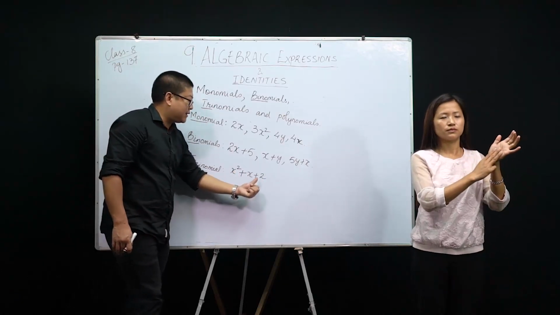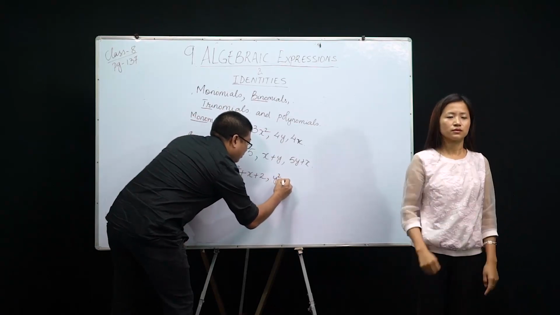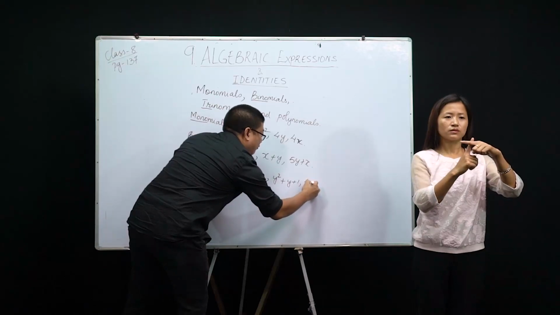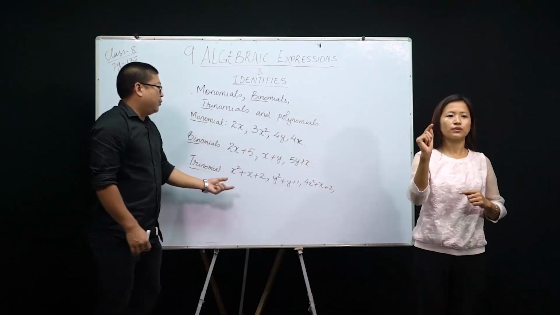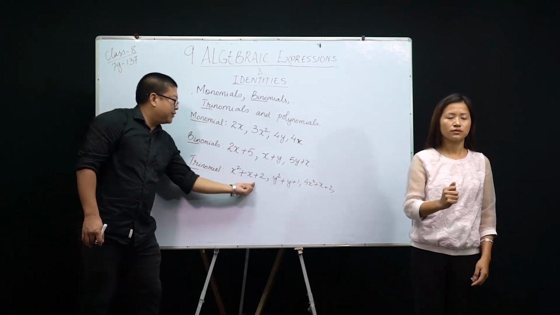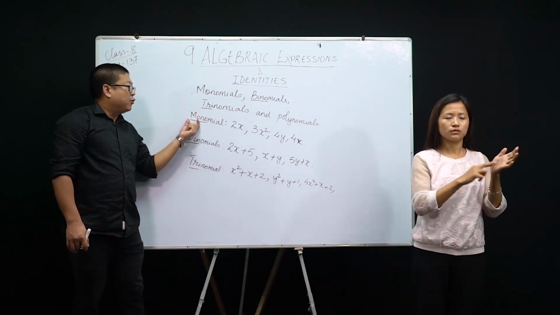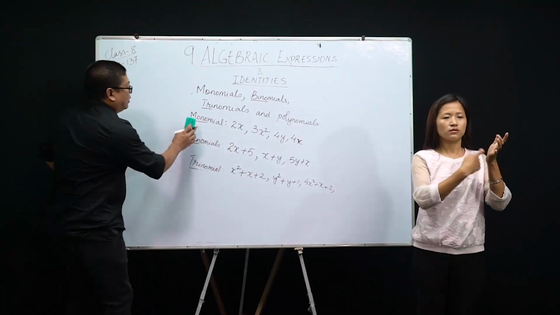Similarly, you can take any example, y square plus y plus 1. You simply have to remember that trinomials have three terms, binomials two terms, and monomial one term. So this is about the three of them.